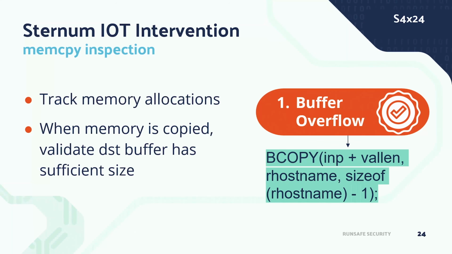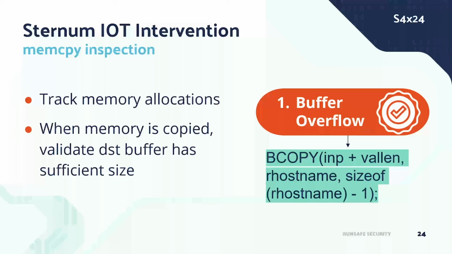So I said we're going to talk about where the RASP solutions can provide mitigations. So the first place that Sternum can provide a mitigation is at that buffer overflow. They're going to get to that return address for that EAP request function and see that the buffer allocation, or sorry, I'm one slide ahead of myself.